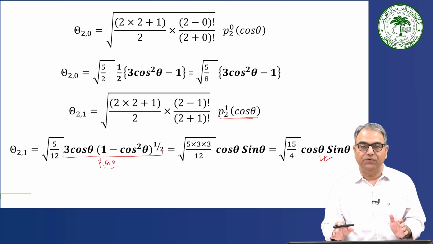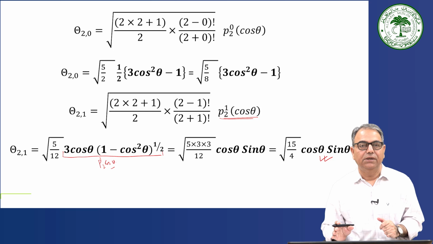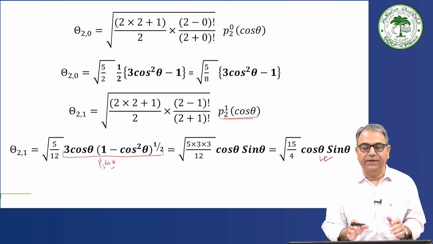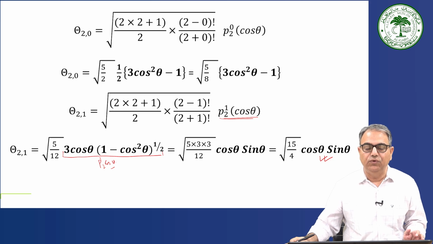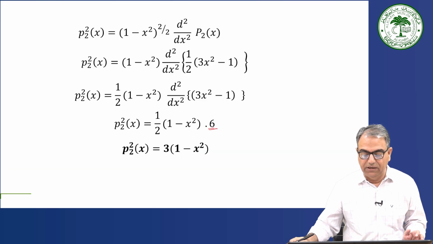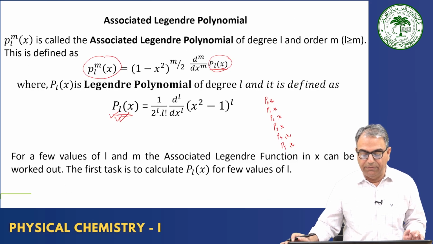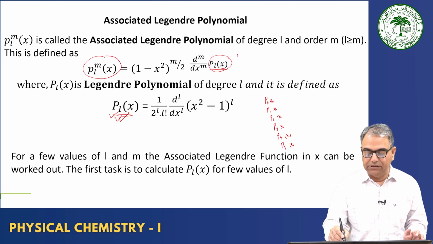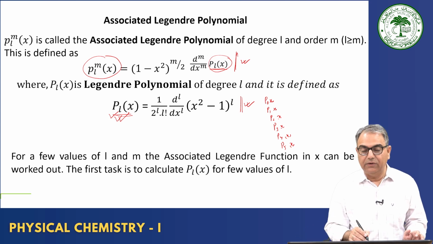Phi equation eigenfunction was very easy, because it was very similar to particle in a one-dimensional box. Theta equation eigenfunction is a little difficult, but not very difficult. And if you don't want to do all those mathematics for the solution of this equation, then what you should remember is this slide. This slide is important because it gives you an idea about the value of the associated Legendre polynomial and the Legendre polynomial. So how to calculate the Legendre polynomial and how to calculate the associated Legendre polynomial.